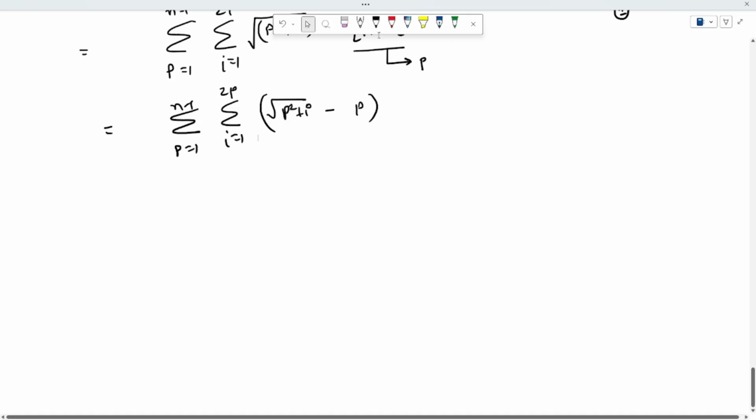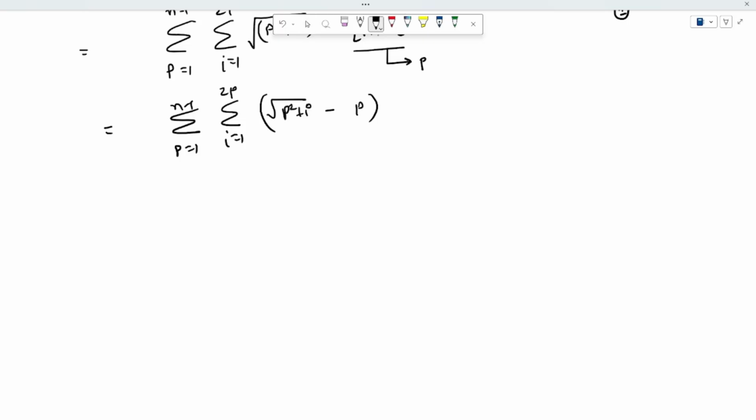Now what can we do? This is complicated, so let's rationalize it. This is the square root of p square plus i minus p.